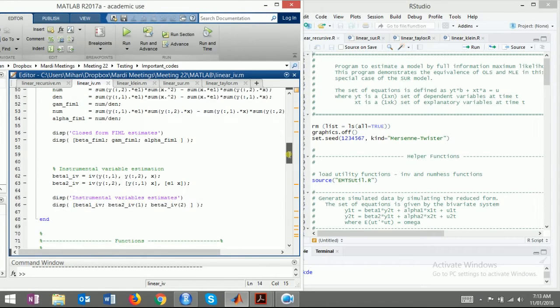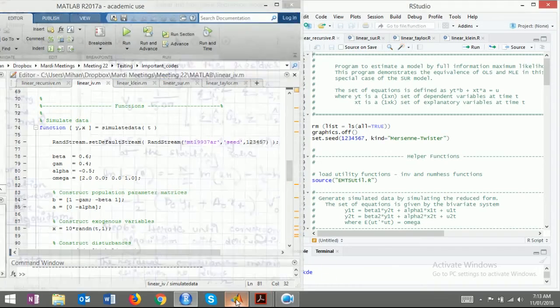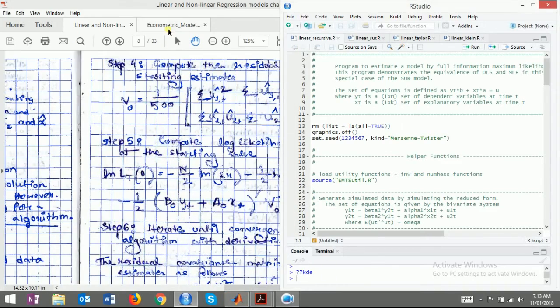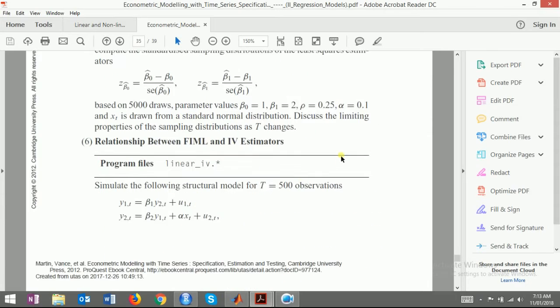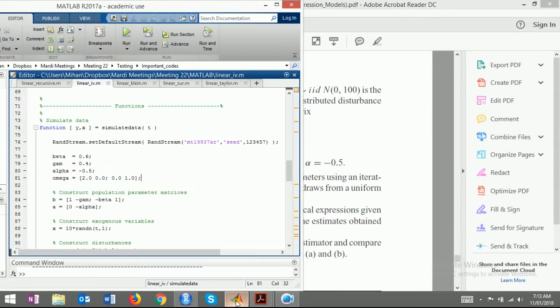So is there any local function to begin with? Yes, there are. Great. The first local function is to simulate the data given the information to us. We need to simulate our data.